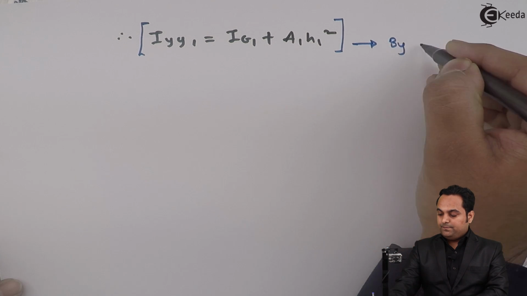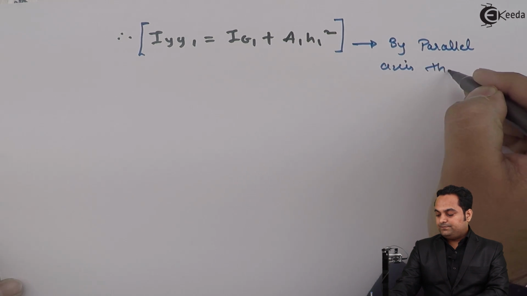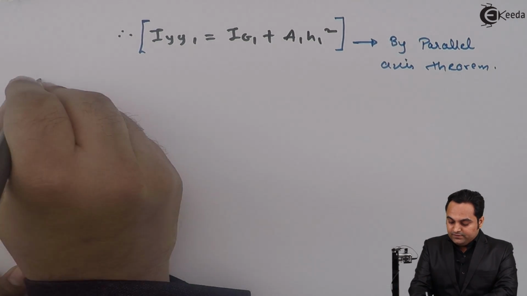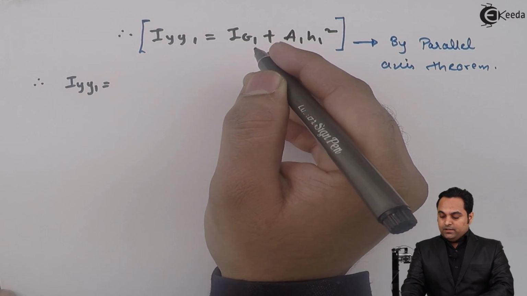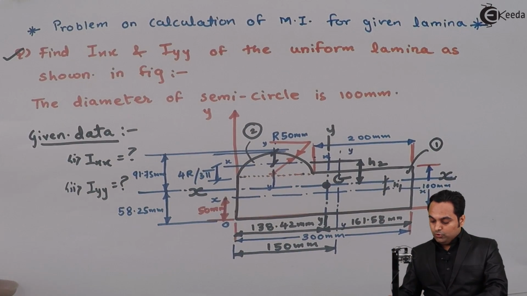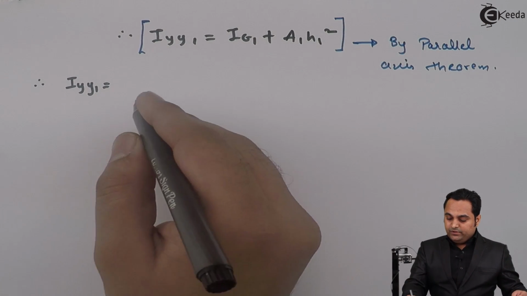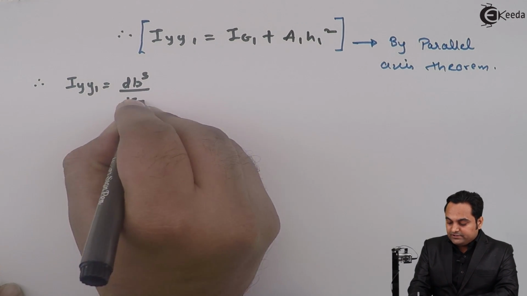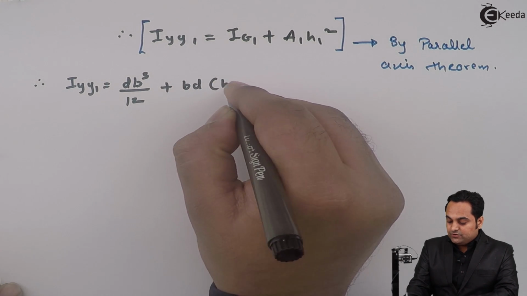This is by parallel axis theorem. Now Ig1 is the moment of inertia for rectangle number 1 about its own y-axis, which is located at 150 mm distance. So that will be db cube by 12, because about the vertical axis the formula for the rectangle is db cube by 12, plus area is b into d, and here we have h1 square.